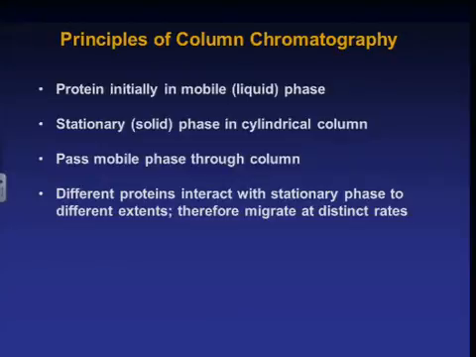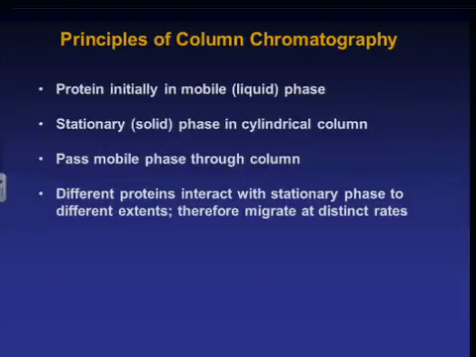So that might be a lysate, it's in a buffer, and you're going to apply that to the column that is packed with the solid phase or the resin. You're then going to start passing buffer through, and all of the proteins are going to be moving through that column. So how they interact with that column and how they're separated, that can be done using really one of three different approaches, right?